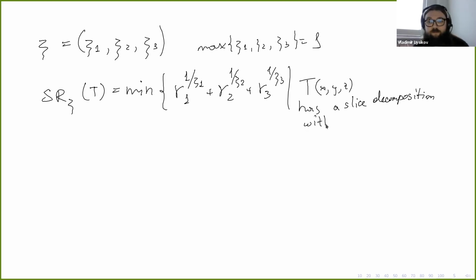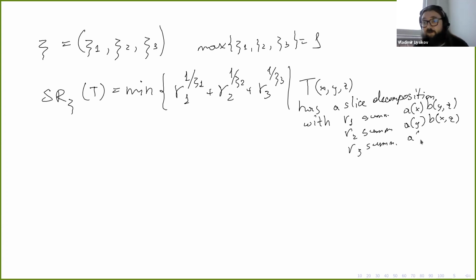With R1 summands of the form A of x times B of yz, R2 summands A of y, B of x, z, R3 summands A of z times B of xy.